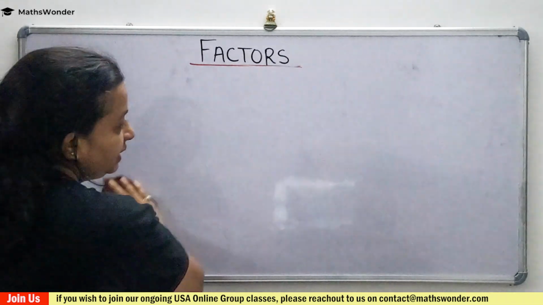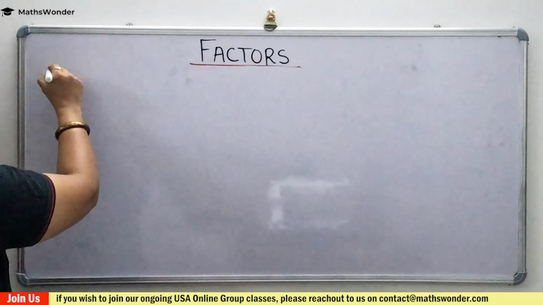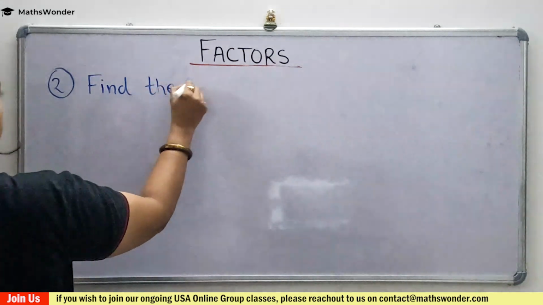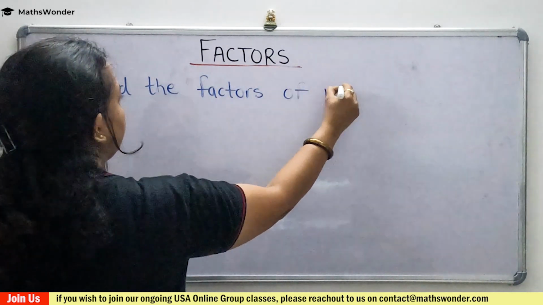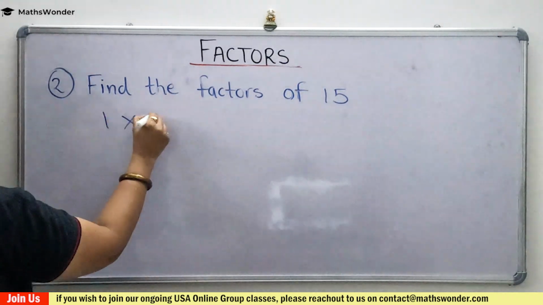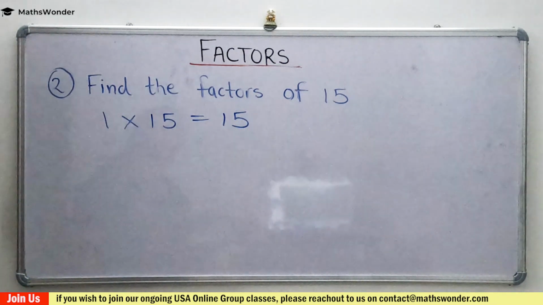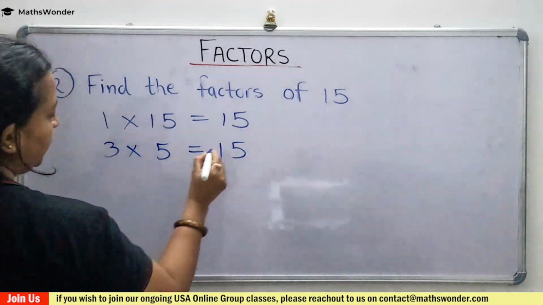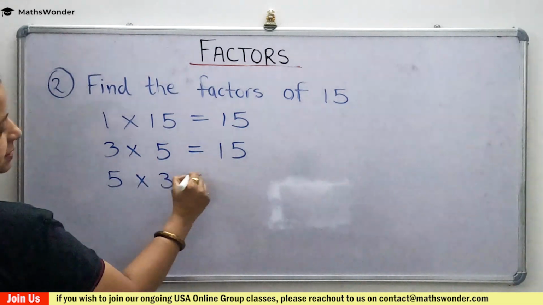Find the factors of 15. 3 times 5. Yeah. So 5 times 3. 1 times 15 is 15, right? 2 times, not 2 times, but 3 times 5 will give 15, perfect. Then 5 times 3, yes.